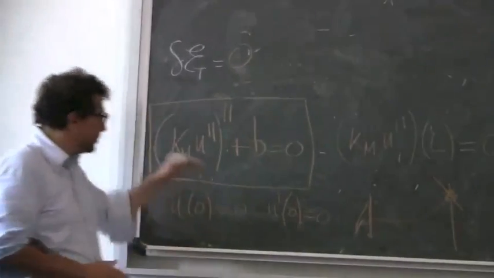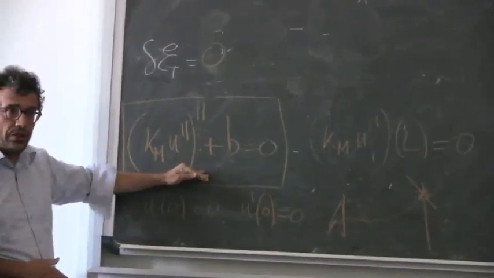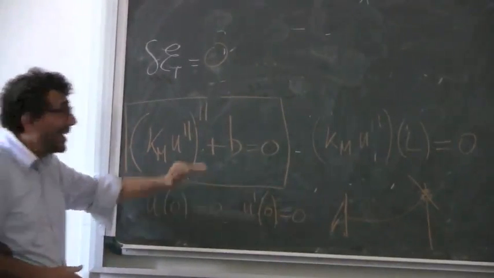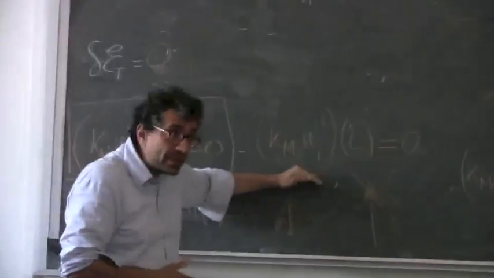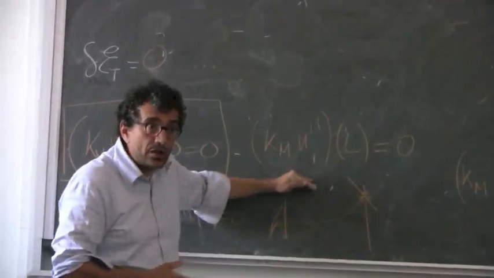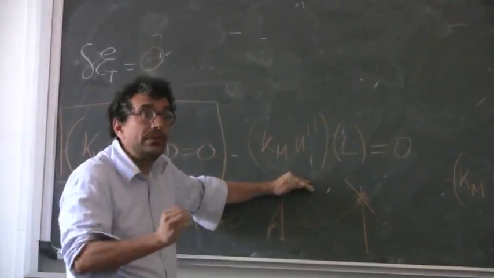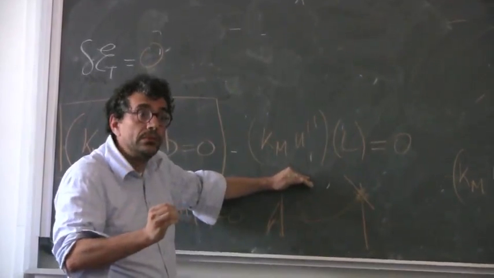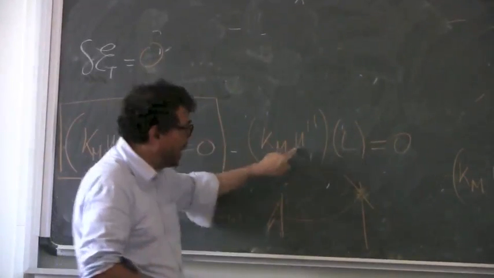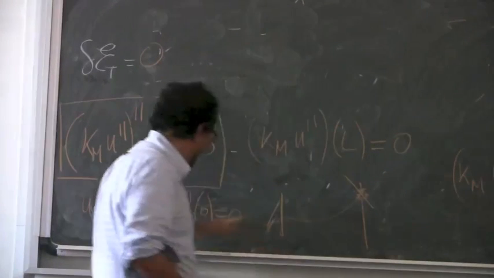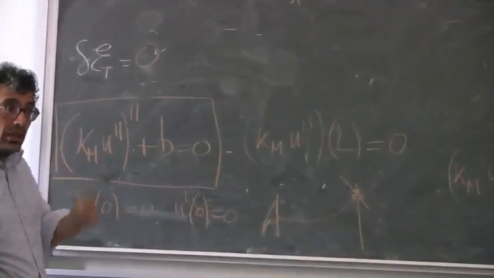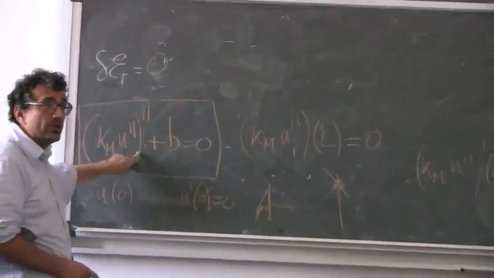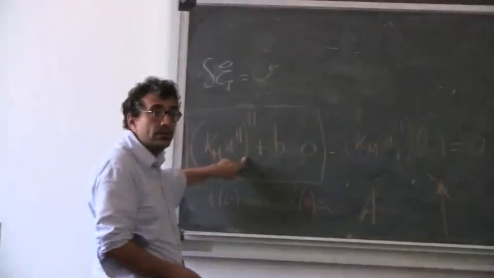I get a differential equation and I get exactly the number of boundary conditions which I need. Because 1, 2, 3, 4, exactly 4 boundary conditions, which I need for finding the 4 constants of integration.